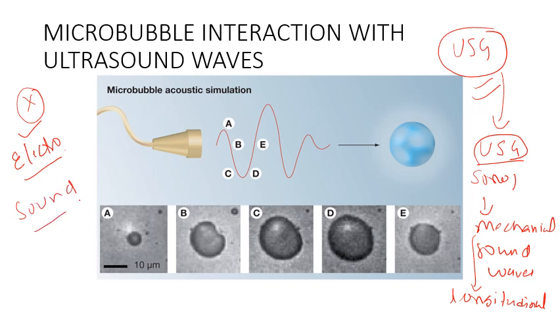So what happens when we give a USG contrast agent in the form of microbubbles? They resonate with the movement of compression and rarefaction. We know that compression and rarefaction happen in USG waves or sound waves.